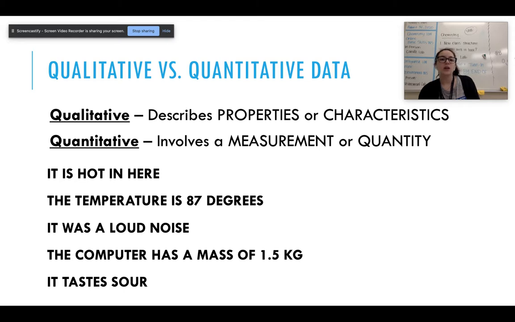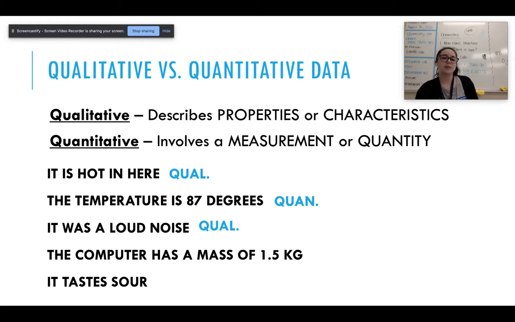So an example is, it's hot in here. I'm not making a measurement. I'm making an observation. It's a characteristic of the room. It's hot. So it gives me a qualitative data right there because it's the quality. The temperature is 87 degrees. There, I'm giving a quantity or a measurement, and so it's my quantity. It was a loud noise. That is another characteristic.